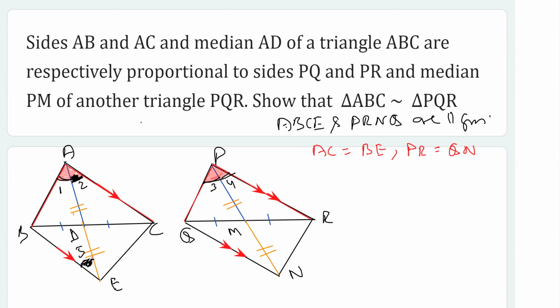Similarly, here I can say that angle 6 will be equal to angle 4. So again, angle 2 is equal to angle 5, and angle 4 is equal to angle 6 by alternate interior angles. The reason here is alternate interior angles.